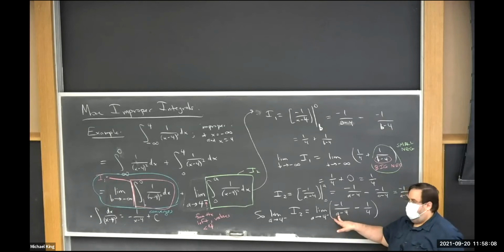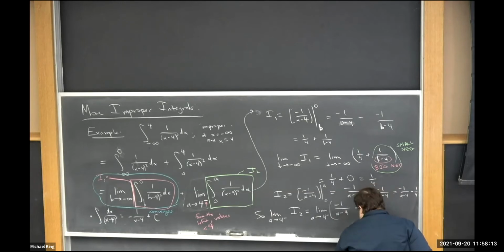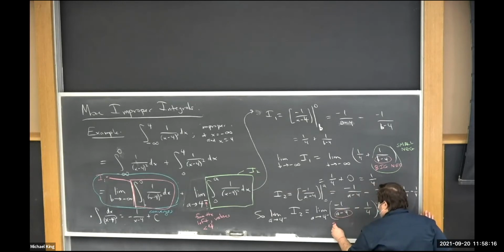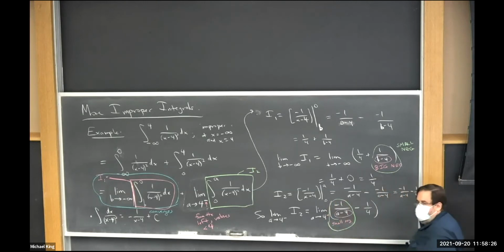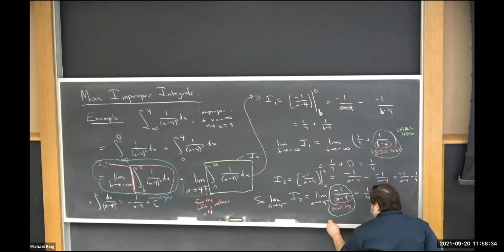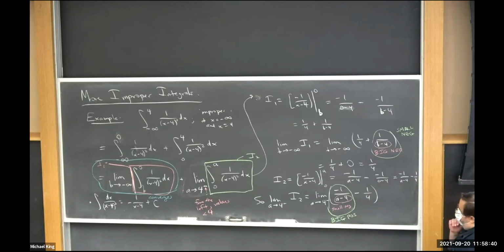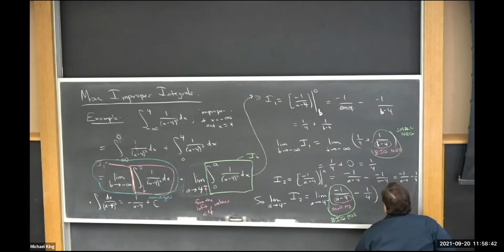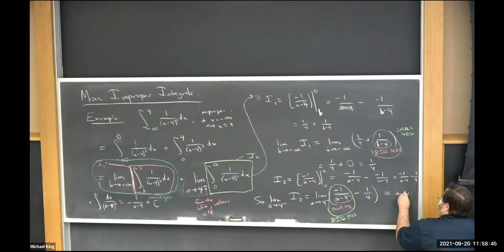If this is like 3.999 minus 4, then that's small. So this is a small negative number. And -1 over a small negative is what? Big positive. So that's going to go to plus infinity, and the -1/4 doesn't matter.